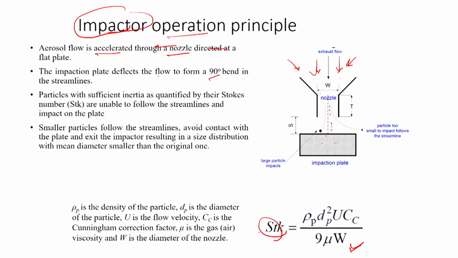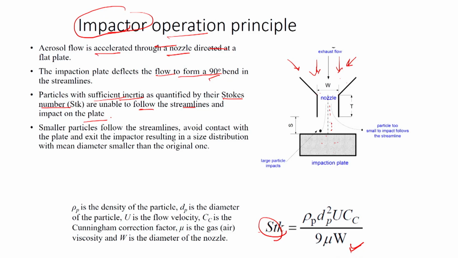So the impaction plate deflects flow to form a 90-degree bend in the streamline. Particles with sufficient inertia, this is very important, particles with sufficient inertia. And how will you quantify whether particles have sufficient inertia or not? It is given by the Stokes number, STK. Particles with sufficient inertia are unable to follow the streamlines and impact on the plate.